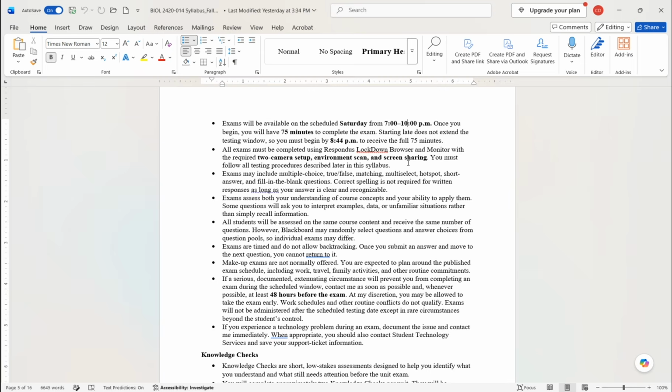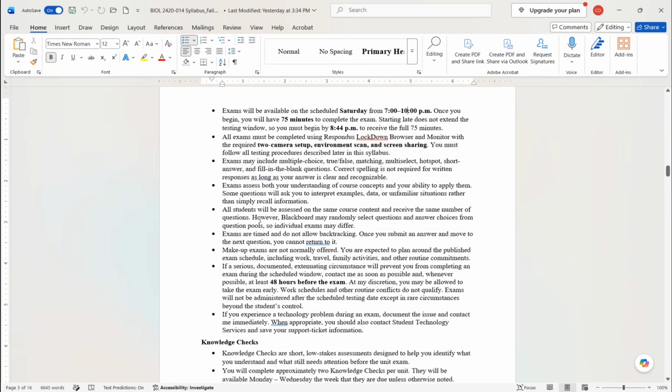So it's a little misleading. All right. So if you choose to start the exam at 9:30, please know it is going to auto submit at 10 o'clock p.m. So if you want the full 75 minutes, you need to begin the actual exam no later than 8:44. But you will have to go through the environment scan, setting up the apparatus and all of that beforehand. Okay, so just keep that in mind.